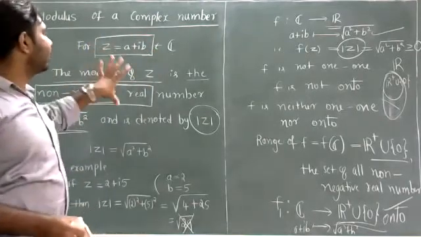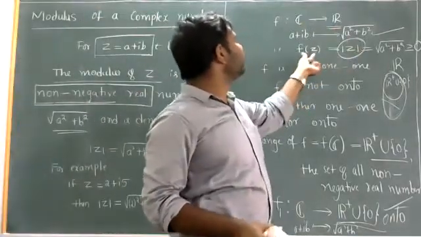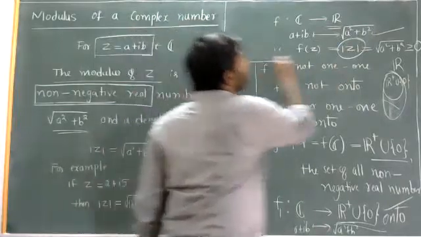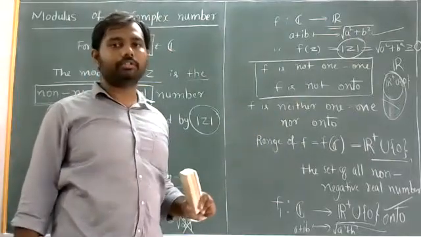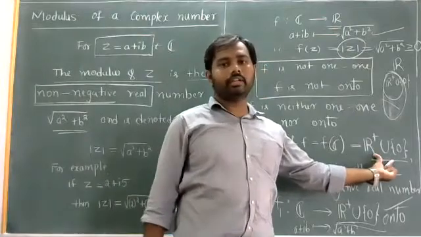And we can recognize that it is a function from C to R with the definition f of z equals the modulus of z, and we observe that it is neither one-one nor onto. And the range of f is the set of all non-negative real numbers.